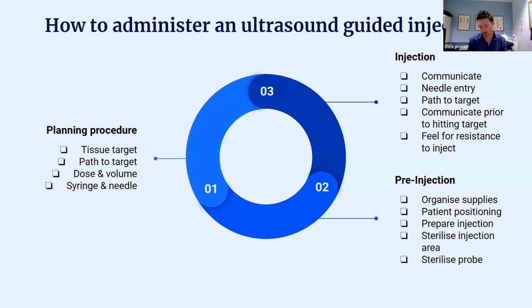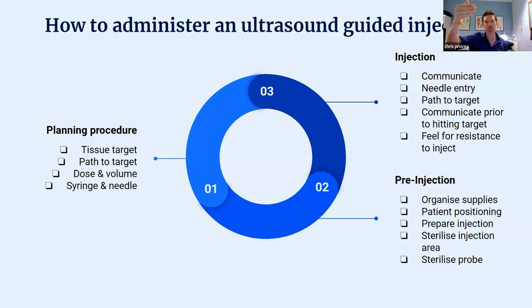Right, let me pop this out of the way. And then it's really the pre-injection. Once you know what you're going to do, you're going to draw up the medication. But I need to position the patient. So if I'm going into the outside of the knee, I need to position them in a comfortable way so they're nice and relaxed.